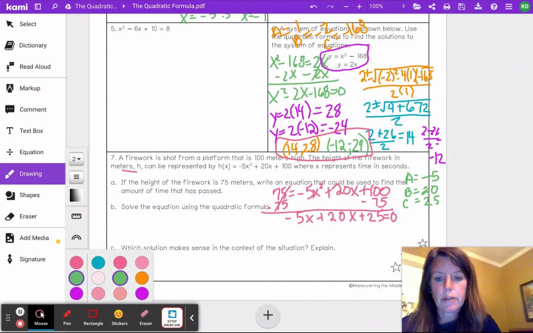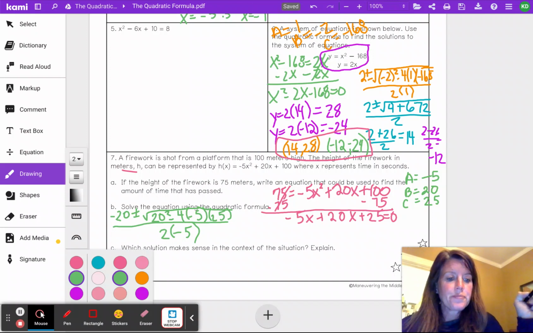Use that graphing calculator. Okay, so we've got negative 20 plus or minus square root of 20 squared minus 4 times negative 5 times 25, divided by 2 times negative 5.